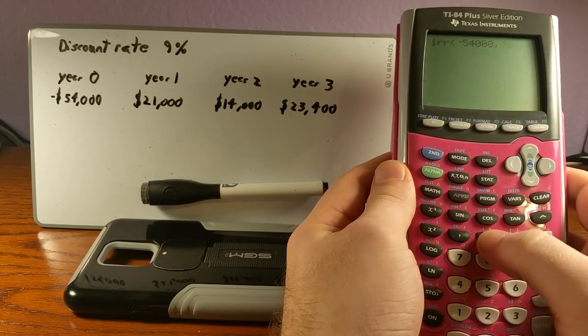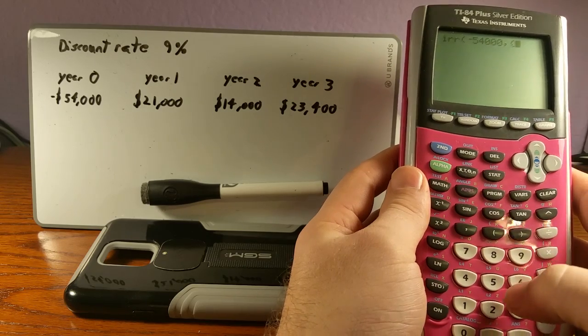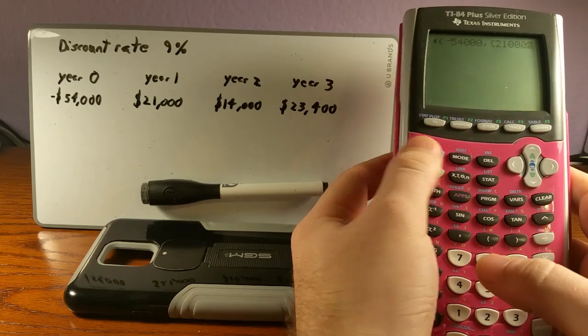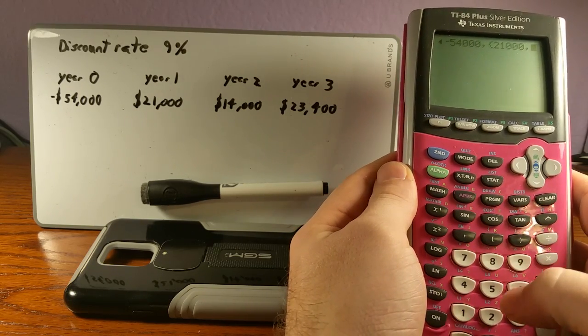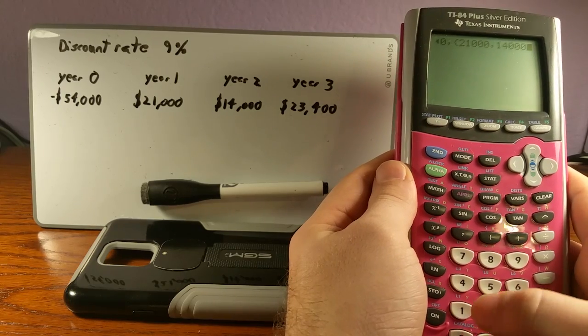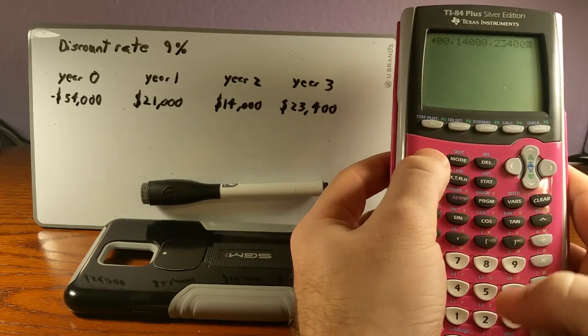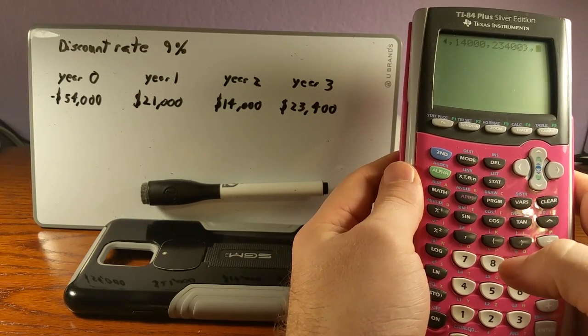Then we're going to put our cash flows into curly braces, just like we did before. So 21,000, comma, 14,000, comma, 23,400, and close our curly braces, separated by a comma again.